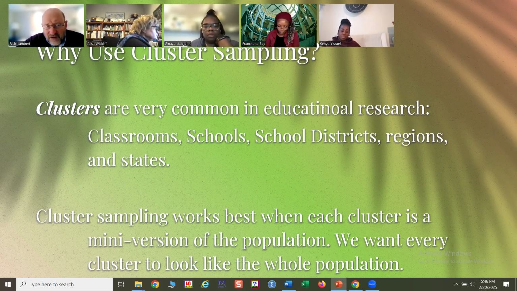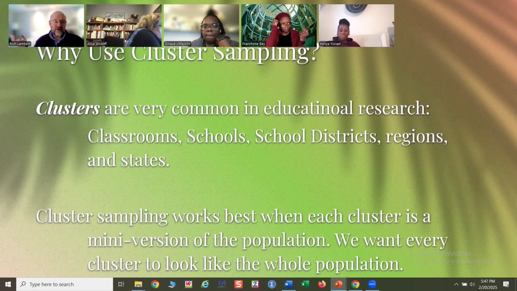So it breaks down a little bit when we think about something like Charlotte-Mecklenburg schools, but we can still use cluster sampling when this principle is violated. It's just that it works best when each one of the clusters is like a mini representative sample of the whole. So think about it this way.